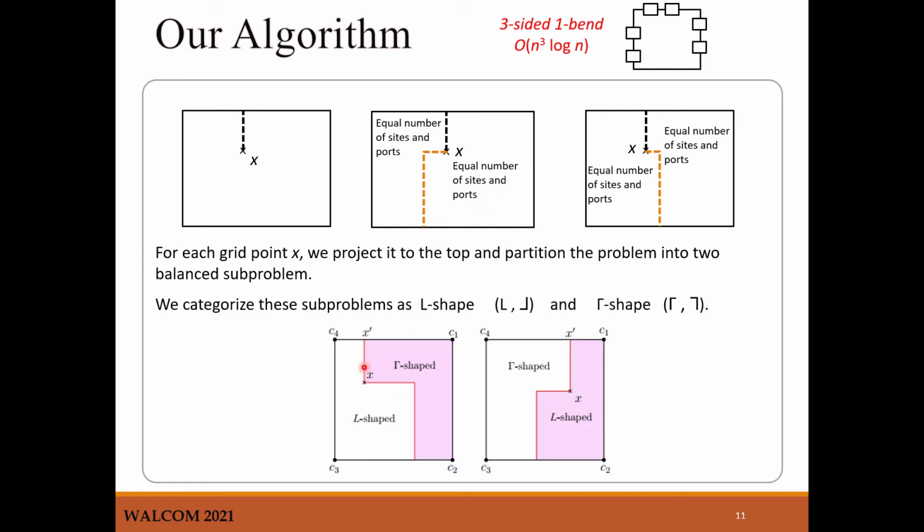When you see this is an L-shaped problem, the opposite part is gamma-shaped, but this is a reverse gamma shape. So when we say that a problem is of L-shaped type, that means it is L or a mirror reflection of L. Similarly, for gamma shape, we consider gamma or the mirror reflection of gamma.